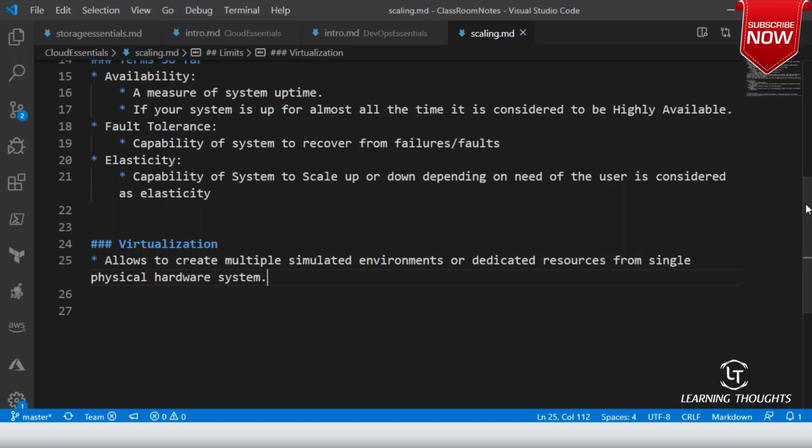Okay, so what do I mean by that? Let us assume that you have purchased a server, a physical server.